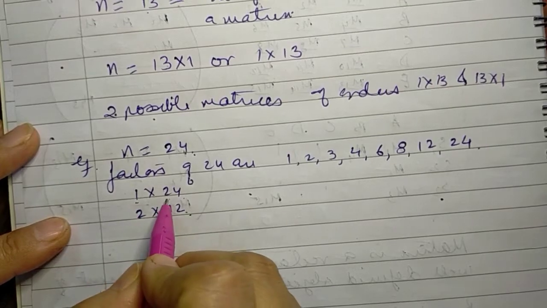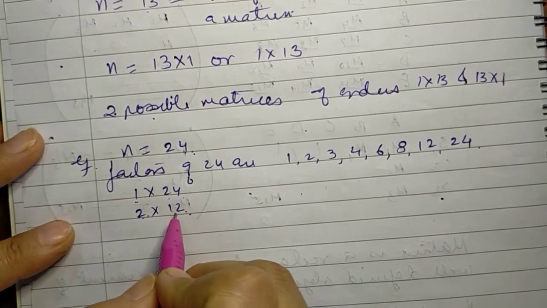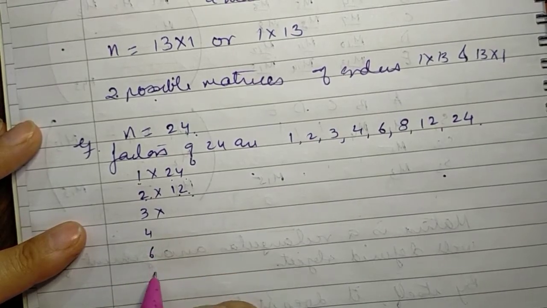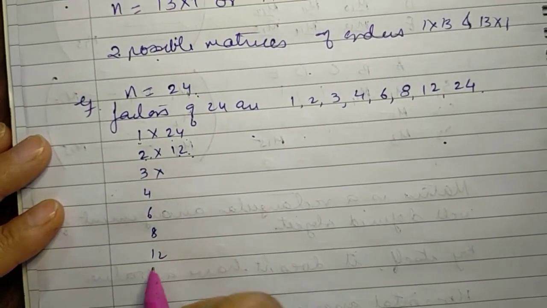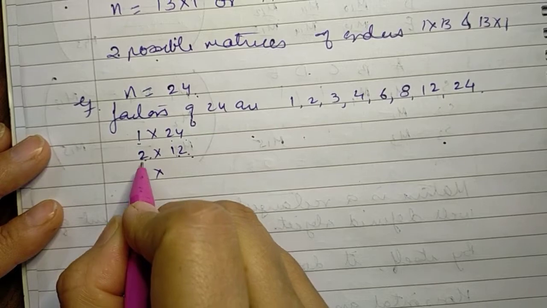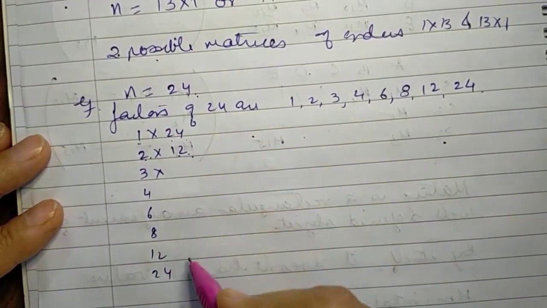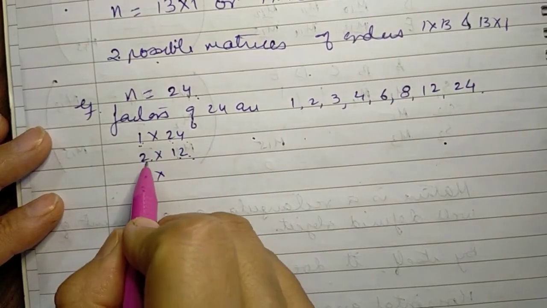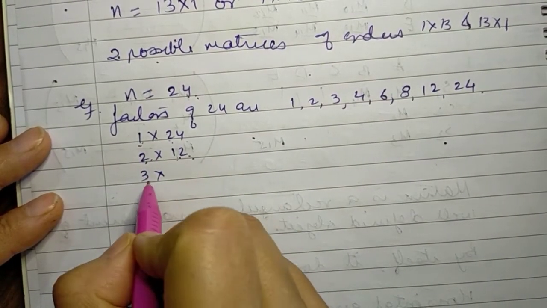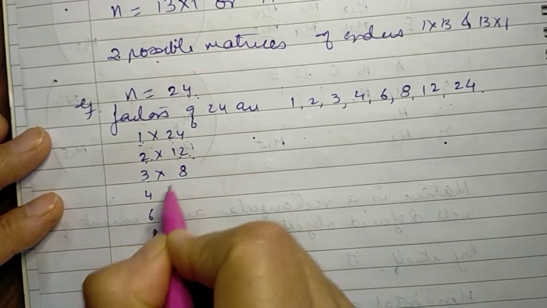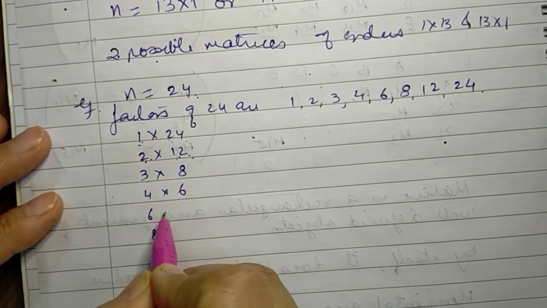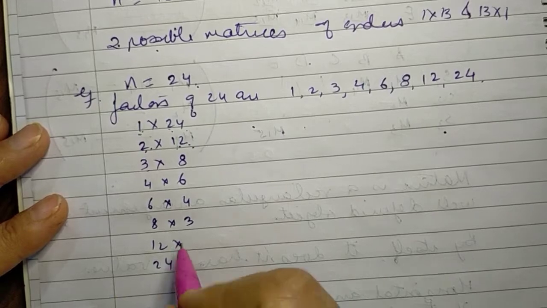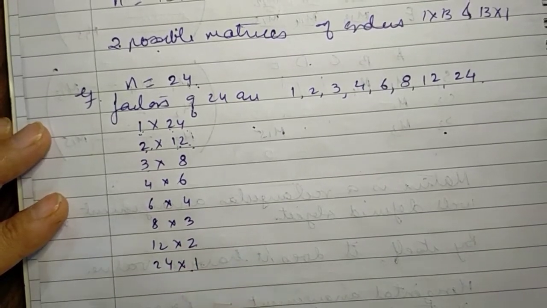So 1 by 24, 2 into 12 is again 24, 3, then the factors are 4, 6, 8, 12 and 24. If you just write it in the reverse order, then also you get it. So either way you write 1 into 24, 2 into 12, 3 into 8, 4 into 6, 6 into 4, 8 into 3, 12 into 2 and 24 into 1.